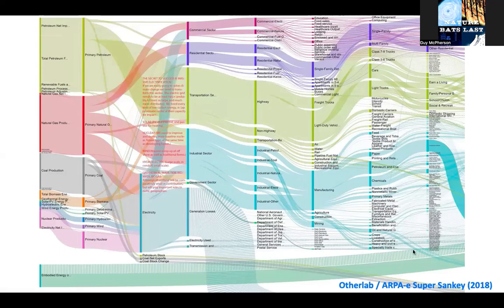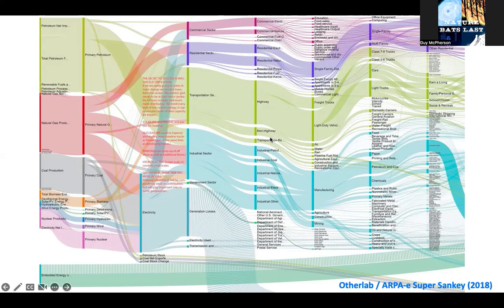No, I like the way you went to a simplified version. This one was commissioned in 2018 by ARPA-E, the Advanced Research Projects Agency-Energy subgroup, from a company called Otherlab. And it's breathtakingly complicated.